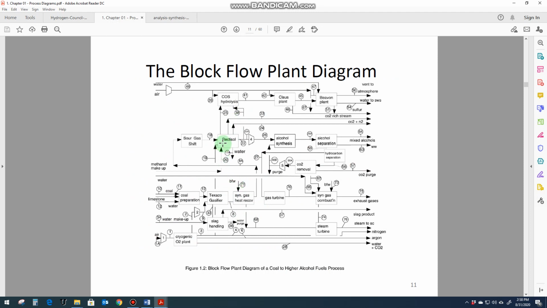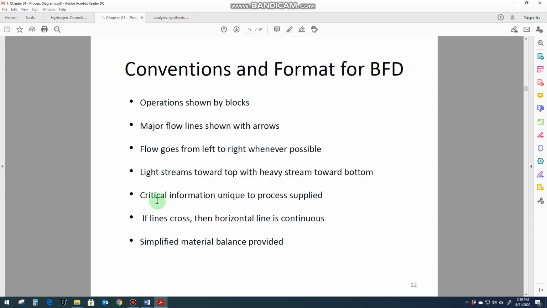For example, in this Rectisol process, where we separate the carbon dioxide and the H2S in gaseous form, we see that these gases are coming from the top of this block, whereas the liquid stream, which is the water, is at the bottom side. Critical information unique to the process is supplied.